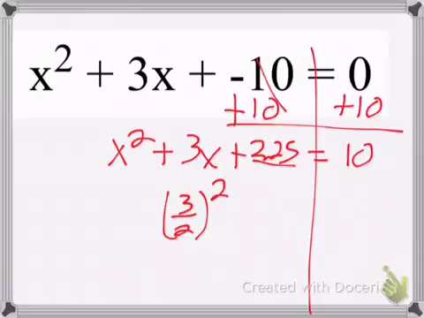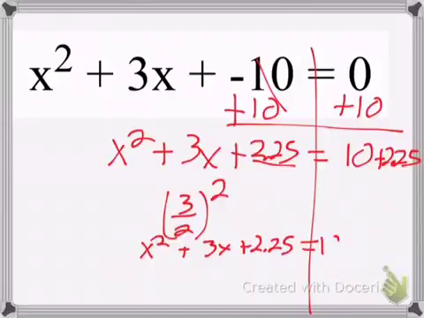Alright, so I can add that to this side too, which gives me x squared plus 3x plus 2.25 equals 12.25.